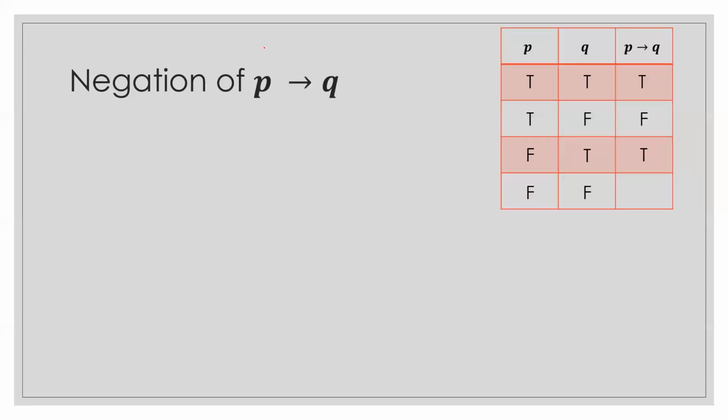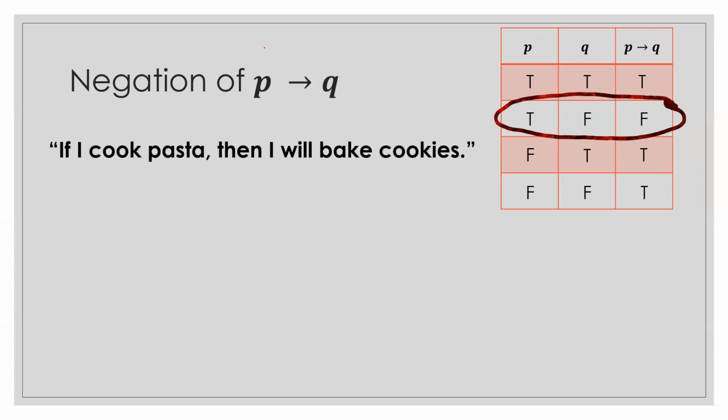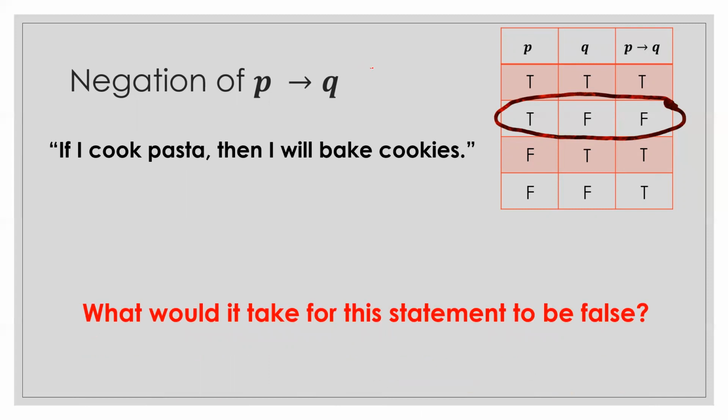So if we notice here, the only time that the if-then statement is false is when the if part, P, is true, but Q is false. If I say, if I cook pasta, then I'll bake cookies, that's an if-then statement of the form if P, then Q. What would it take for this statement to be false?